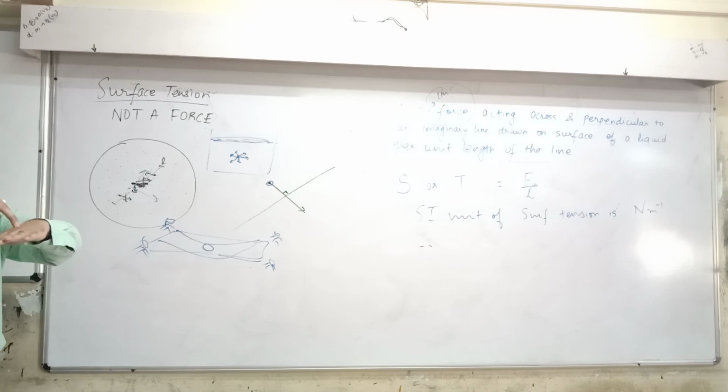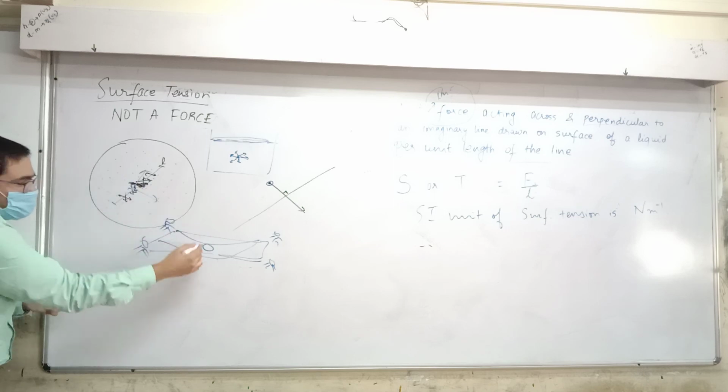So what would happen if they sit on the surface? The surface is not a solid, do you agree? But that doesn't happen. Why? Because when the mosquito sits on it, the molecules of the fluid are attracting each other. It's a similar situation.